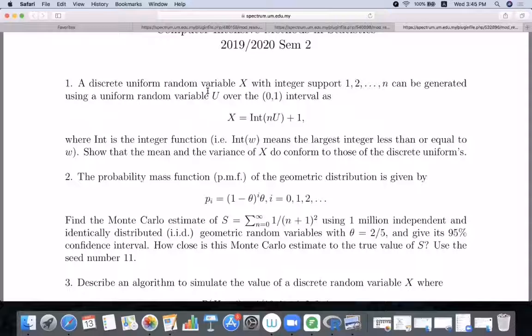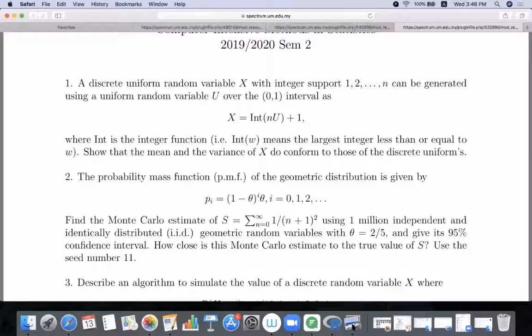Although it's simple, it is so important because it forms the basis for the other kinds of non-uniform random variables, right? How do you generate non-uniform random variables? They all go back to the uniform 0, 1, right? Including the discrete, okay? So this is very beautiful. So basically you want to show that the mean and variance of X conform to those of the discrete uniform, okay?